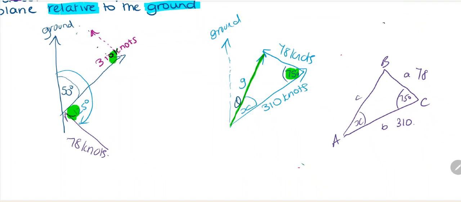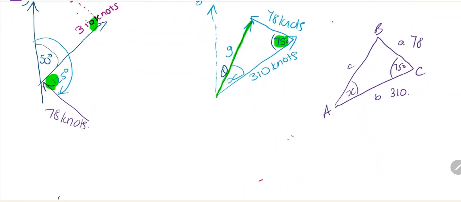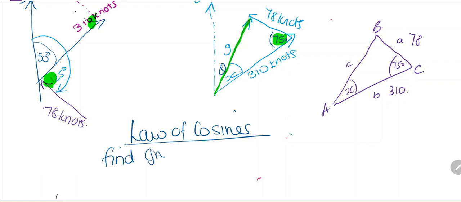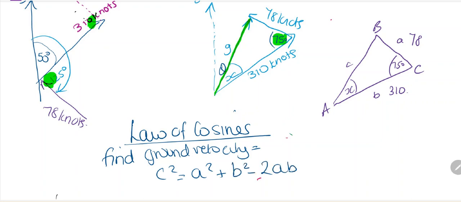So we need to use the law of cosines, to find the missing side. So we want to find our ground velocity. So we can do this with c squared is a squared plus b squared minus 2ab cosine of 75 degrees.